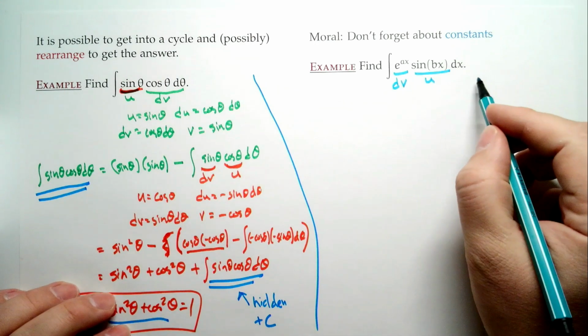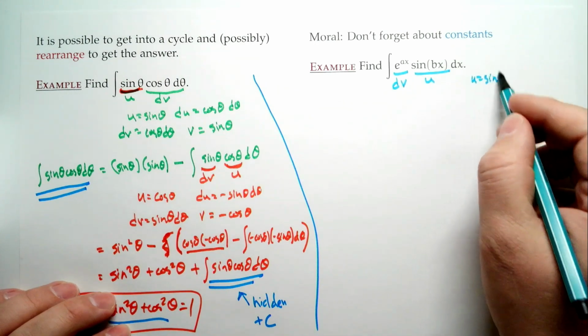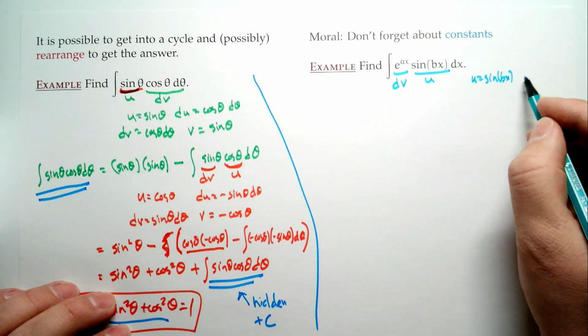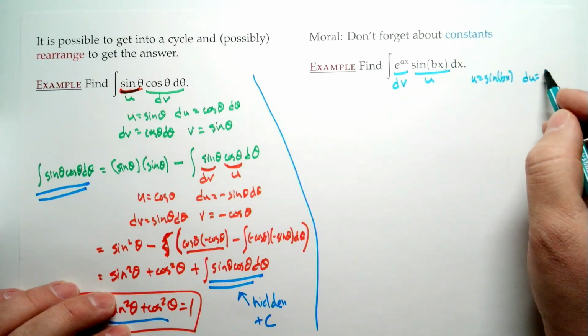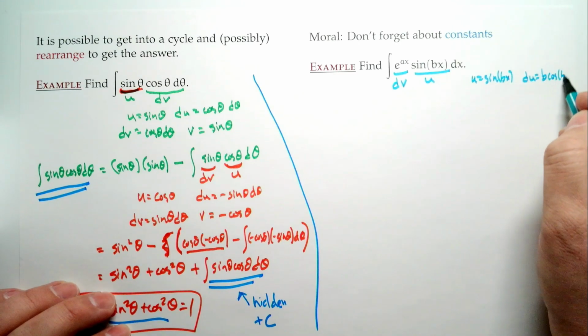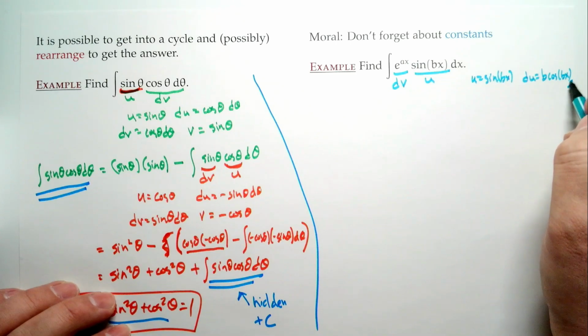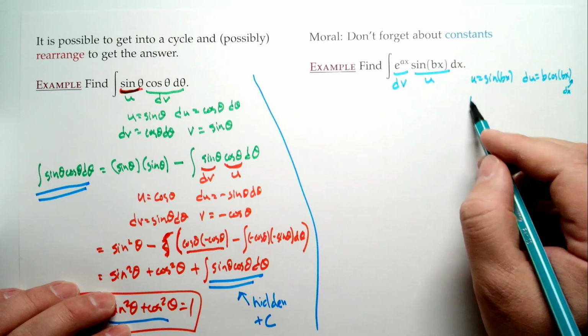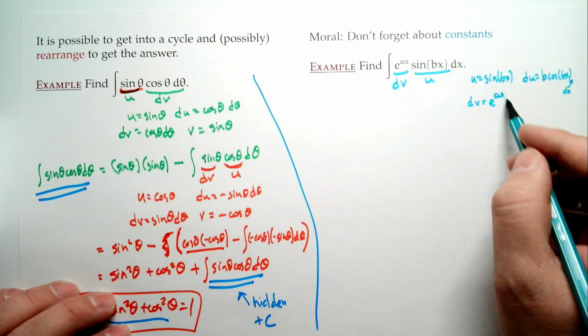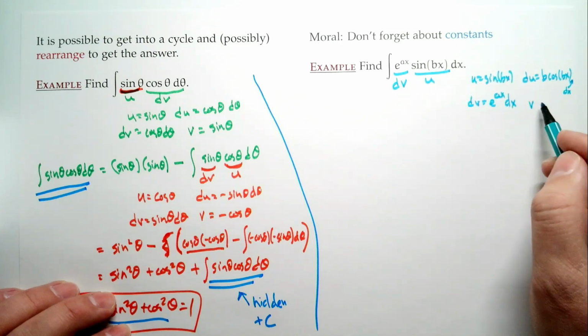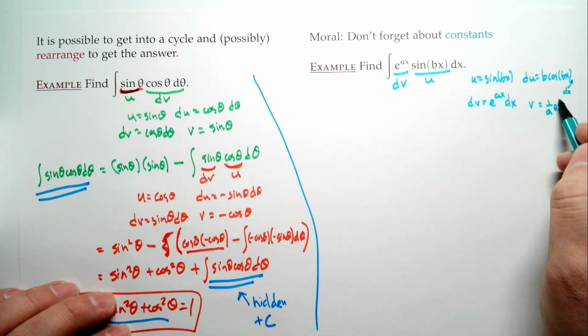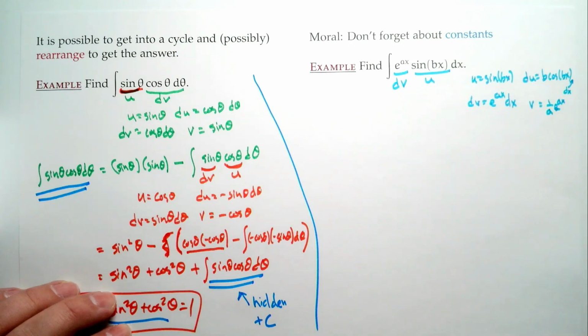All right, here we go. So u is sine of bx. What is du? Yes, that's right. It's b cosine bx dx. All right. dv is e to the ax. What's the antiderivative of e to the ax? Yeah, good.